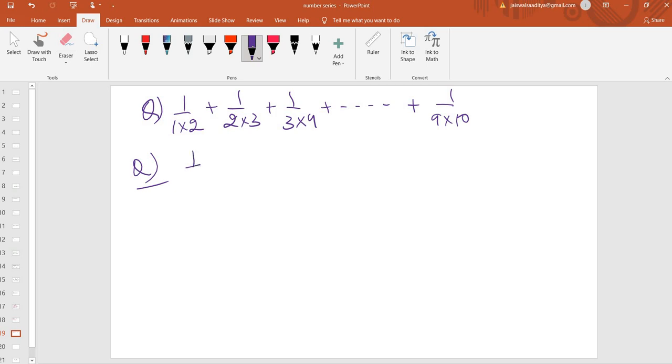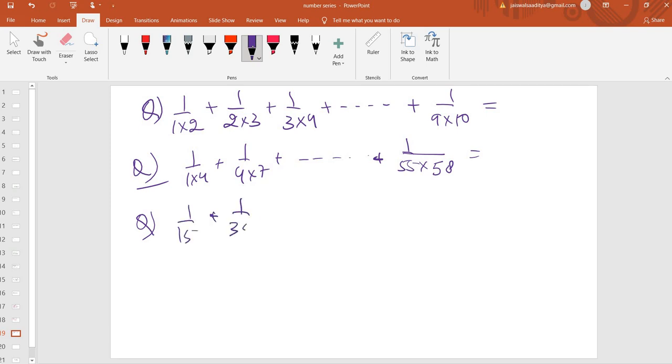Okay. So again I'll give you a question. The question is 1 upon 1 into 4 plus 1 upon 4 into 7 plus, this will end at 58, correct? I will say the answer also, but now we just have to check. Okay. So 1 upon 15 plus 1 upon 35 plus 1 upon 143.